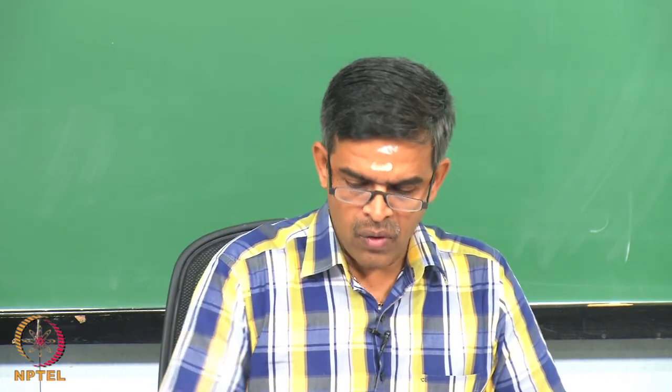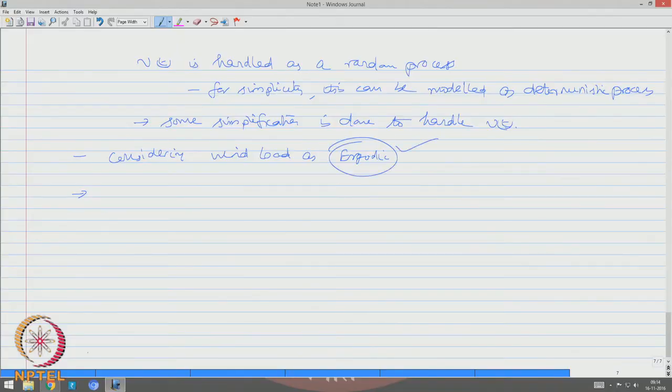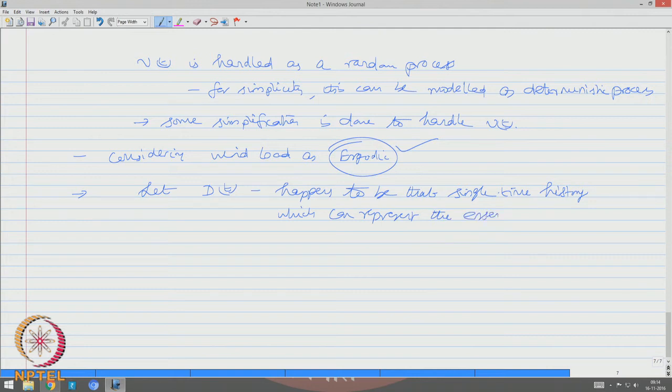So, therefore, once we say it is ergodic and acceptable, let the time history happen to be a single time history, that single time history which can represent the ensemble. Let us say a typical time history is this way, with an arbitrary time history.